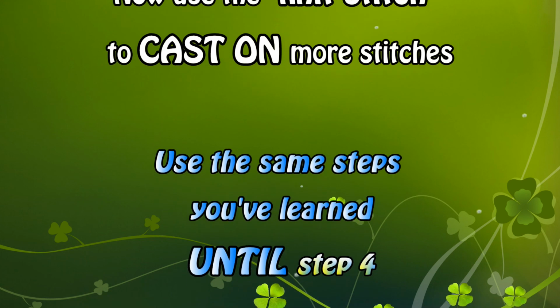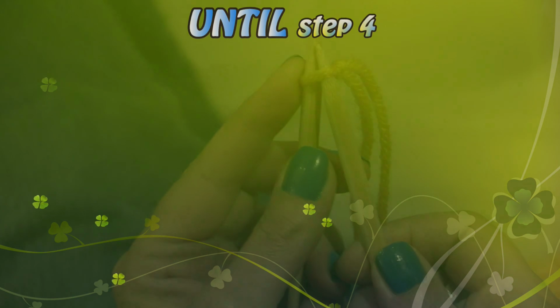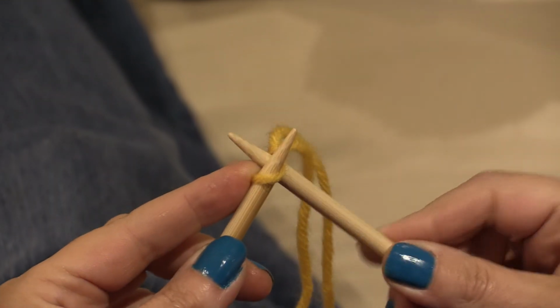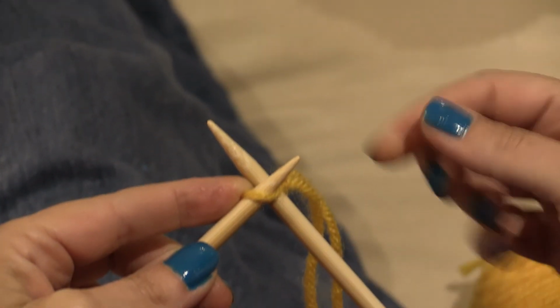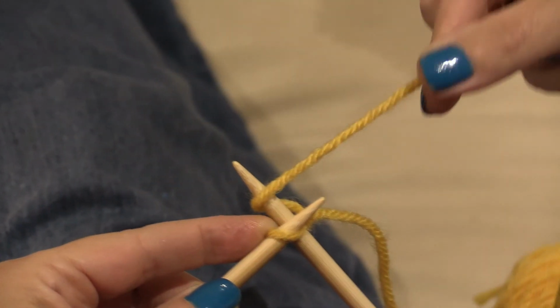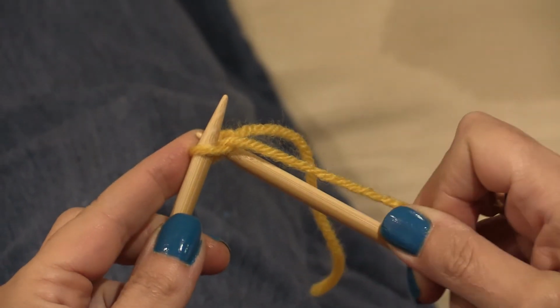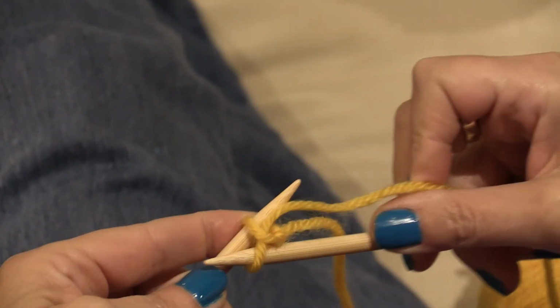Use the same steps you've learned until step 4. Put your right needle behind the left. Now I'm going to take the yarn from the right, bring it behind, in between. Now I'm going to bring the right needle, it's going to capture that loop.